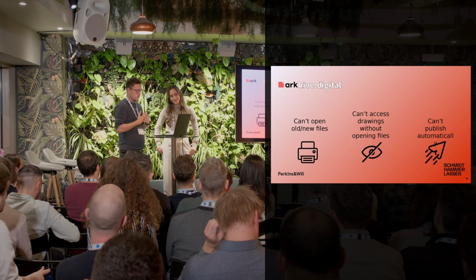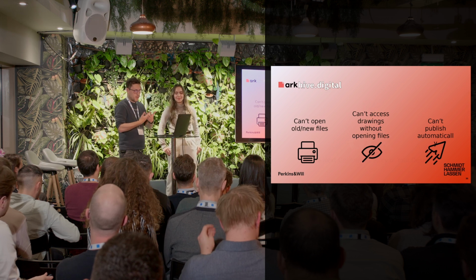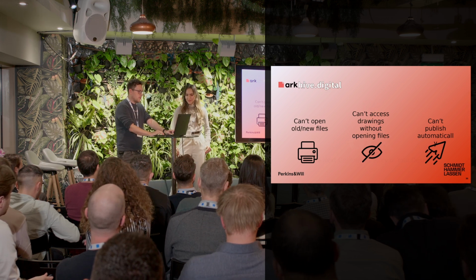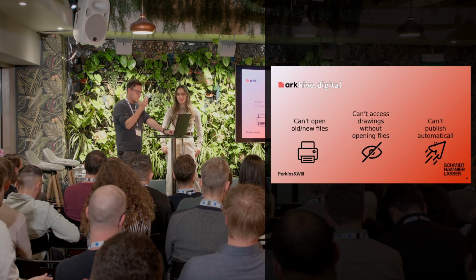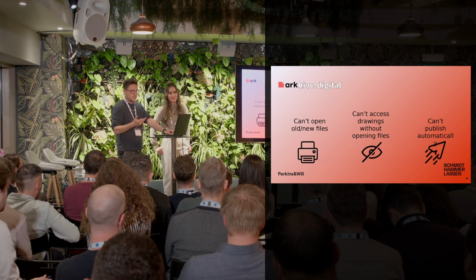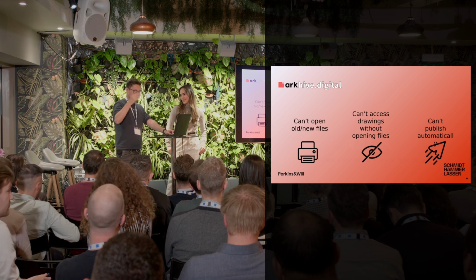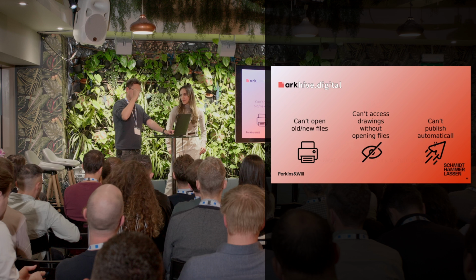But this is suggesting that the person who sent you the file doesn't know how Speckle works. You can't have access to the drawings without opening the file, so it's almost locked out, you can't see it. And then you can't publish automatically. So we're also suggesting maybe, in Speckle, let's say we have a stage 2 deadline or a stage 3 deadline, we can keep uploading the models, different versions, but then how do we save it at the end of each stage?